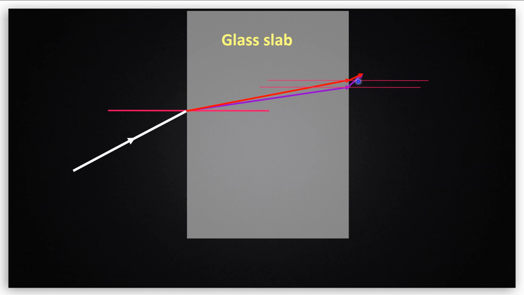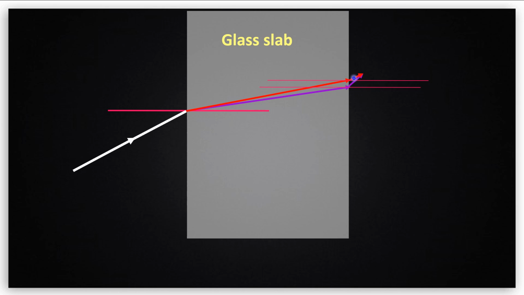See here. This is the normal. The violet color light is bending more away from the normal than red color light. Again, these two colors are met here. Actually, they met here itself, but in order to understand, I have just taken it a little bit further.